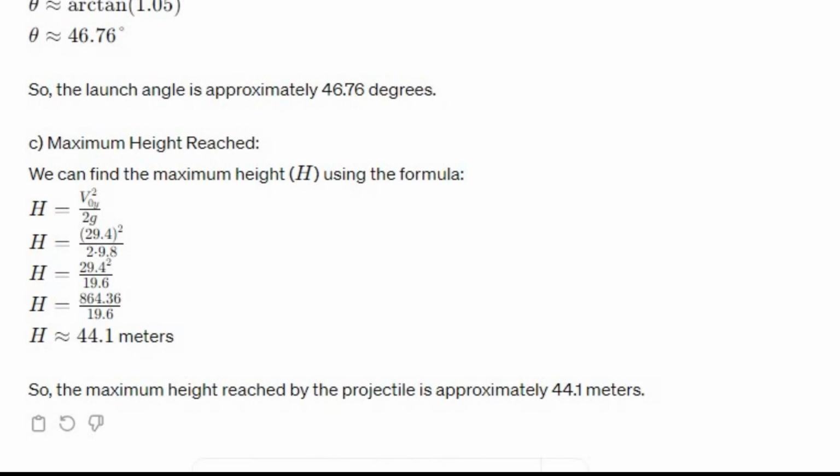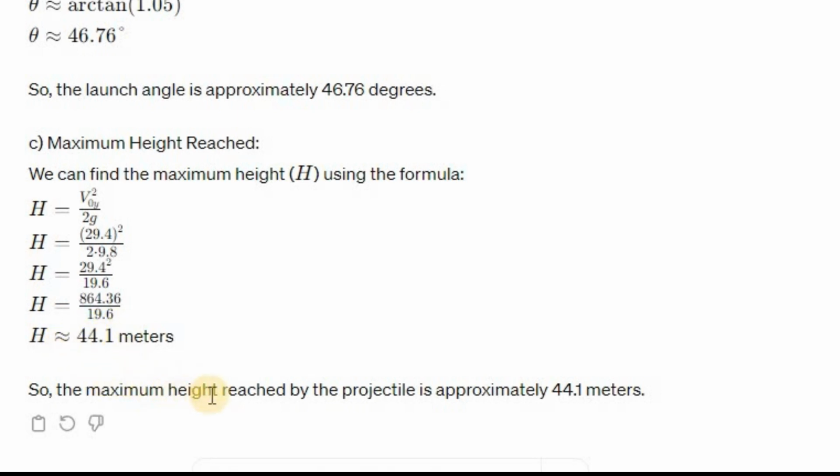C. Maximum height reached. We can find the maximum height h using the formula h equals v squared over 2g. h equals 29.4 squared over 2 times 9.8. h equals 29.4 squared over 19.6. h equals 864.36 over 19.6. h equals 44.1 meters.